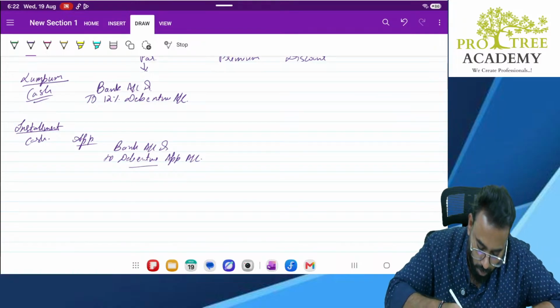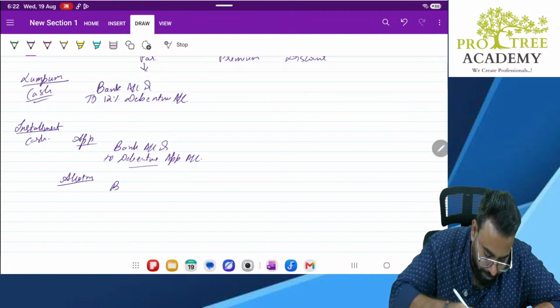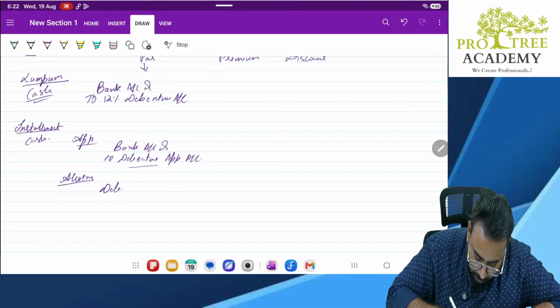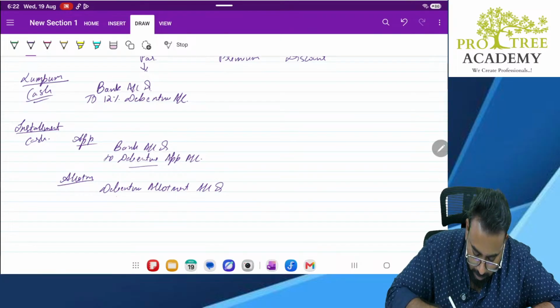Okay. So next, when actual allotment happens, what is the entry you pass on allotment? Again, the entry will be debenture allotment account debit to, say for example, 12% debentures account.